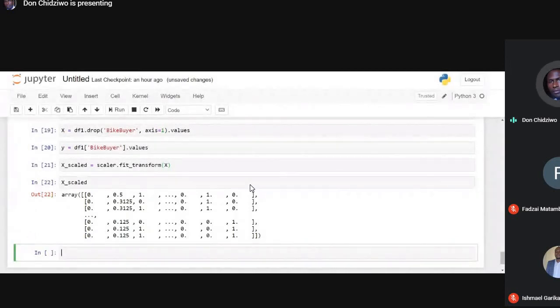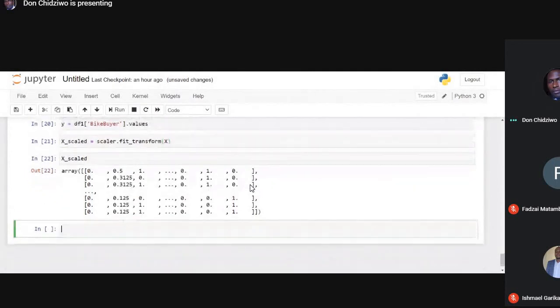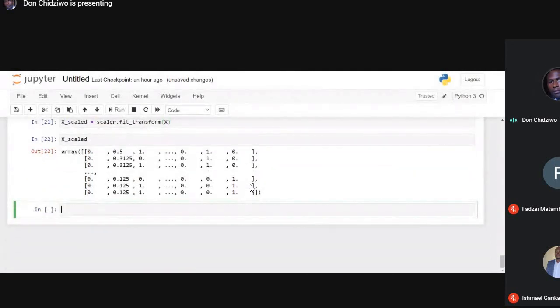So 0 over 1 gives 0. Then for 1, it will be 1 minus 0, divided by 1 minus 0, so 1 over 1. So that is how it works.